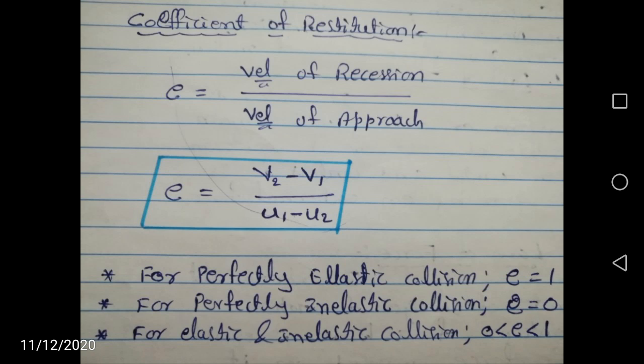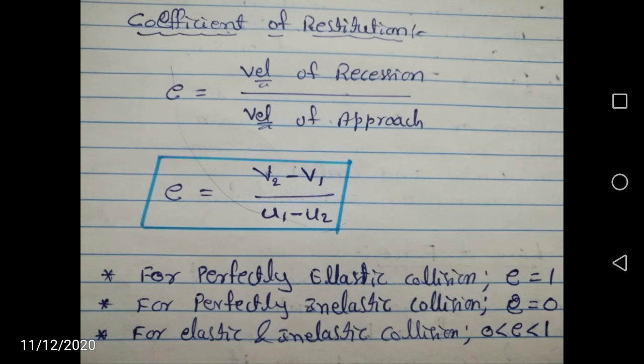Newton described the elasticity of a collision by considering the velocities of the system before the collision and the velocities of the system after the collision.